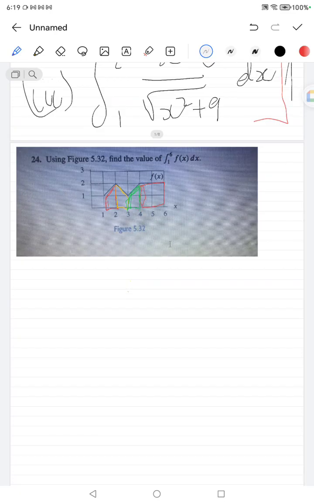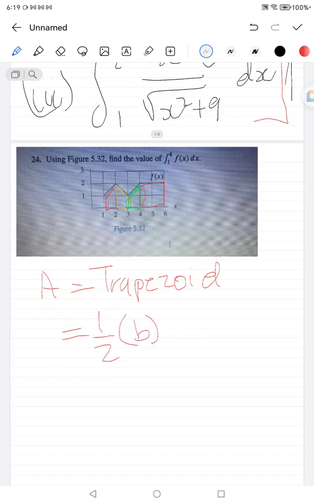So the formula for the area of a trapezoid. What's the formula? It's half into your b, which is the wideness of your block. Then you have your h1 plus your h2.